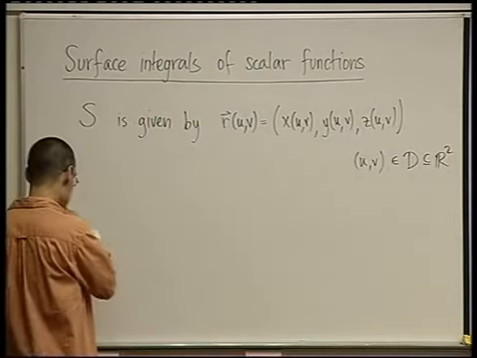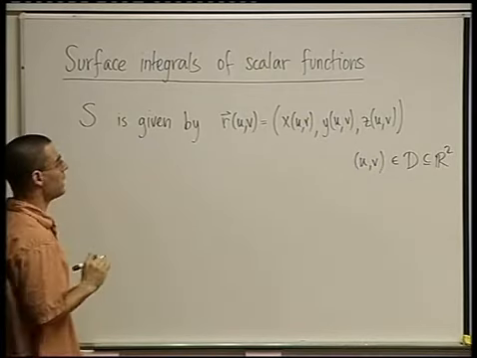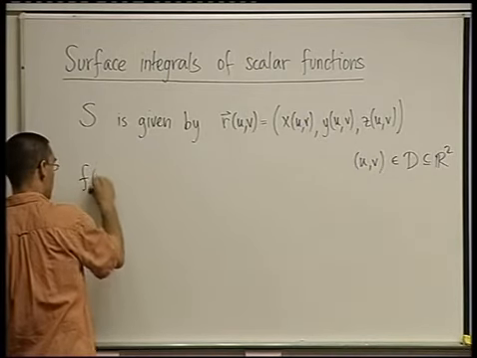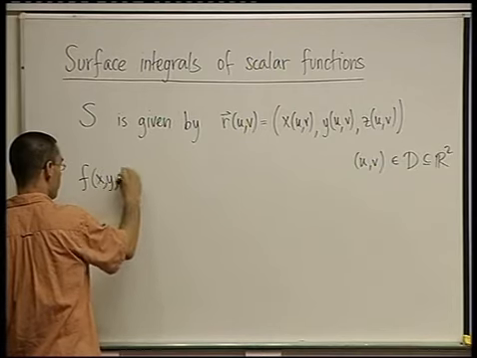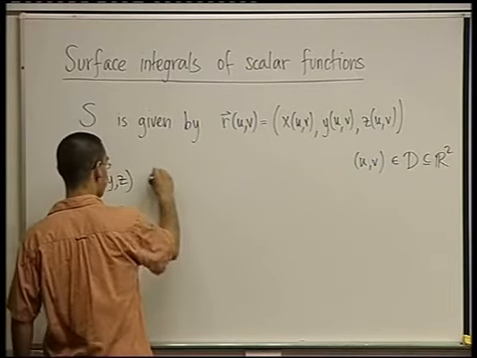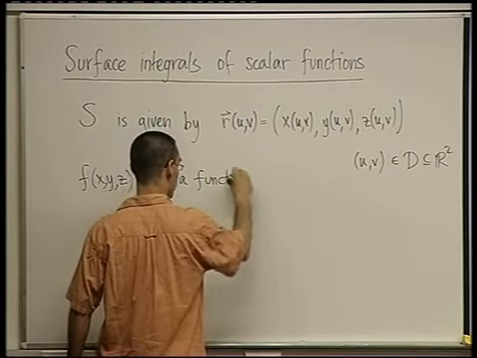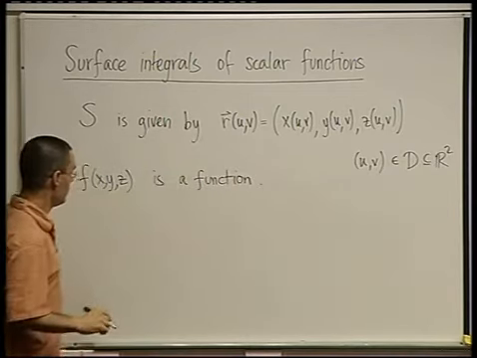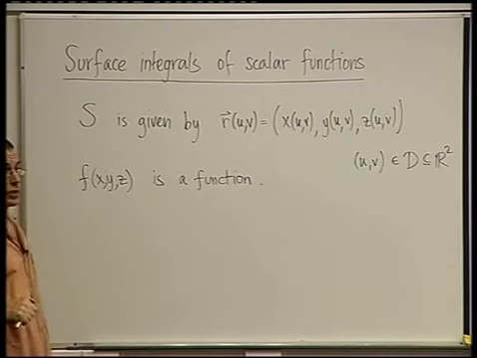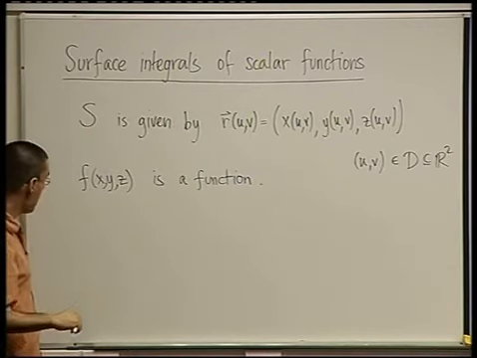So that's a surface. And there's another ingredient now. There's a function F of x, y, z, a scalar function. So it just takes scalar values. It's a function from R3 to R.